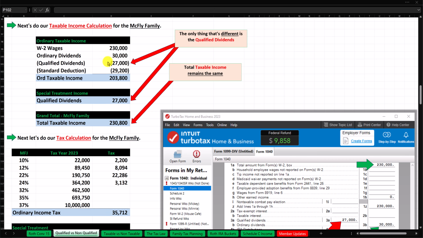It's just the part of the $30,000 that gets a special tax treatment. So we take it out of the $30,000 right here, but then we put it back in right here. So because we take the number out here and we put the number back in right here, it doesn't matter what the number is. The total taxable income will be the same, although the tax calculation itself will change a little bit, as we will see in just a moment.